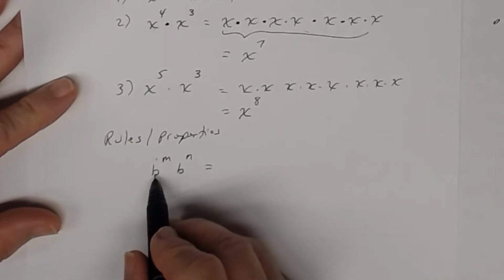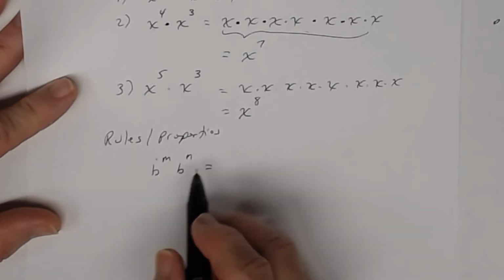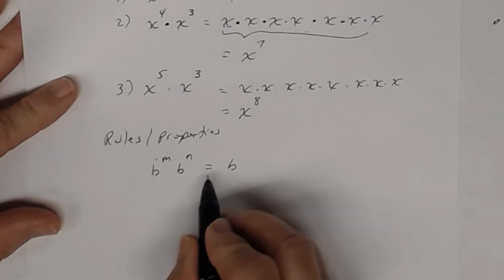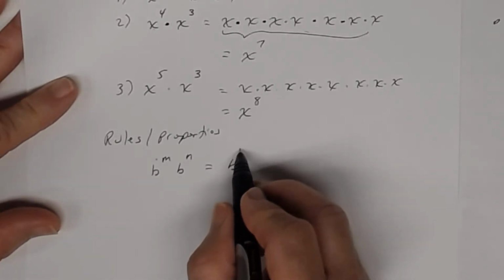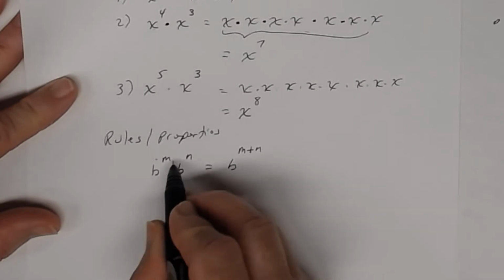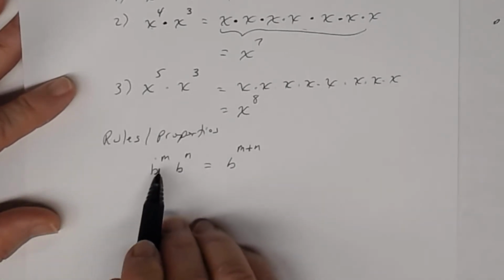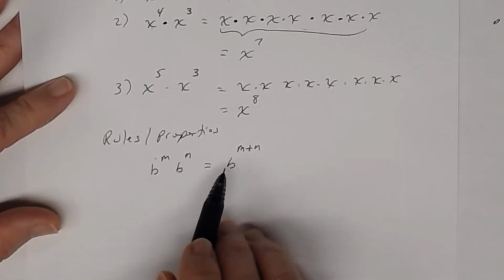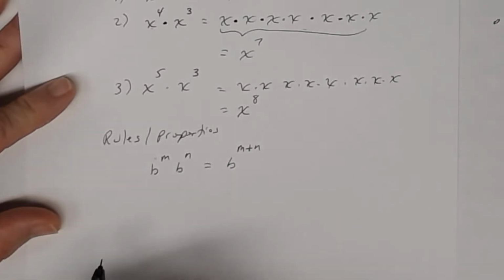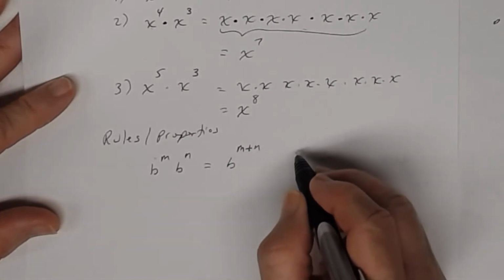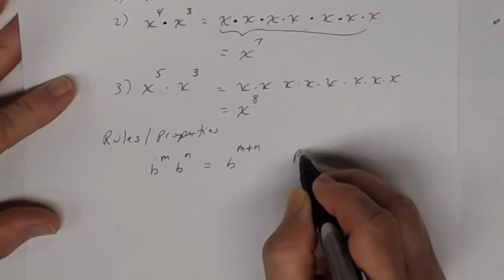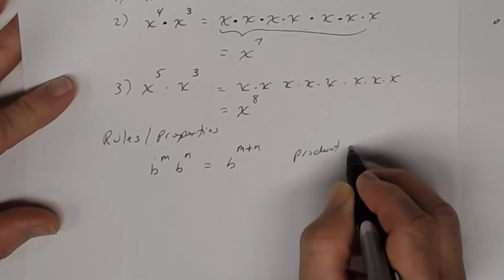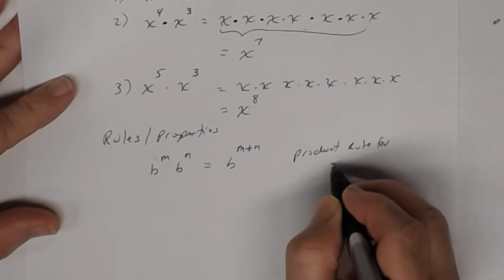So when I multiply b to the m times b to the n, my base is still b, but my exponent is now going to be the sum of those exponents. So b to the m times b to the n is b to the m plus n. Okay? And that's going to be the product rule for exponents.